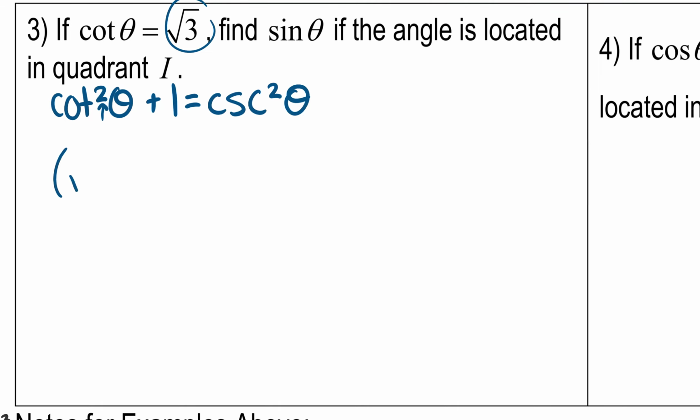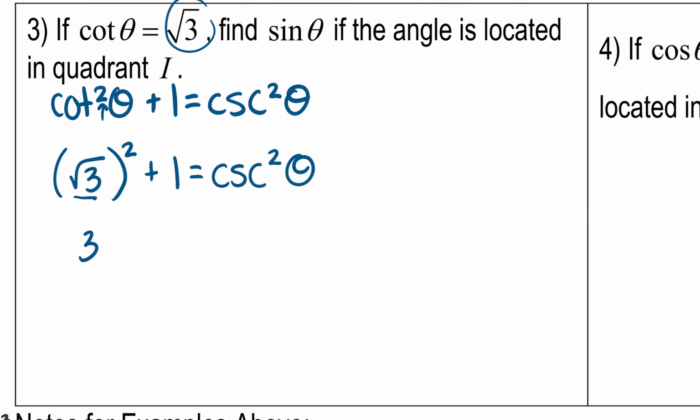So I have square root of 3 squared plus 1 equals cosecant squared theta. Now, square root of 3 squared, if you square a square root, the number just comes out. We've done this before. So 3 plus 1 equals cosecant squared theta. I can add 3 plus 1, right? You get 4 equals cosecant squared theta.